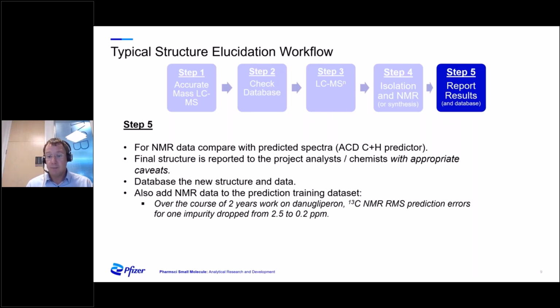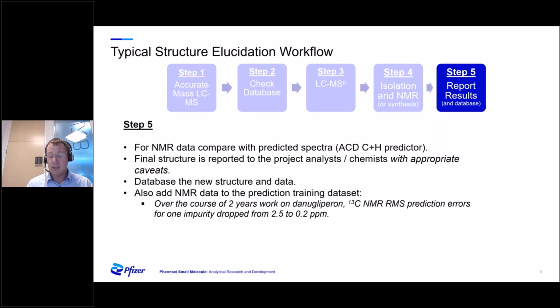The structure and spectral data are then added to our ACD spectral database. And this is now a button click process thanks to ACD's automation scripts. And in the case of NMR data, these data are then added to the training set that's used for the ACD CNMR predictor module I mentioned before.